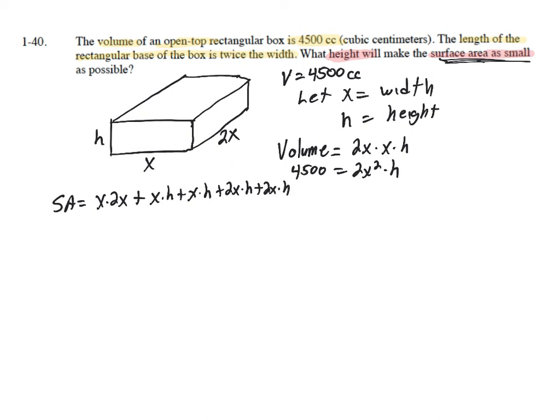So if I put all this together, the surface area equals 2x squared. That's the area of the bottom. And then I got an hx, another hx, 2hx, and 2hx for a total of 6hx.